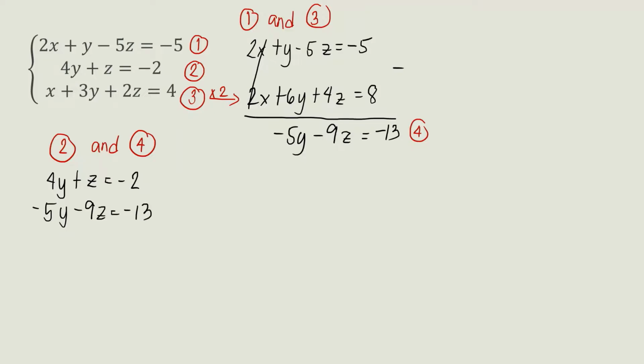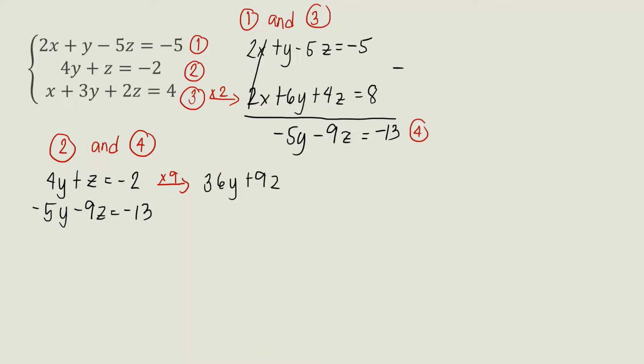We can just multiply 9 to the second equation, and then we can eliminate z. So we multiply 9 here. We will have 9 times 4y, so that is 36y plus 9z is equal to negative 18.